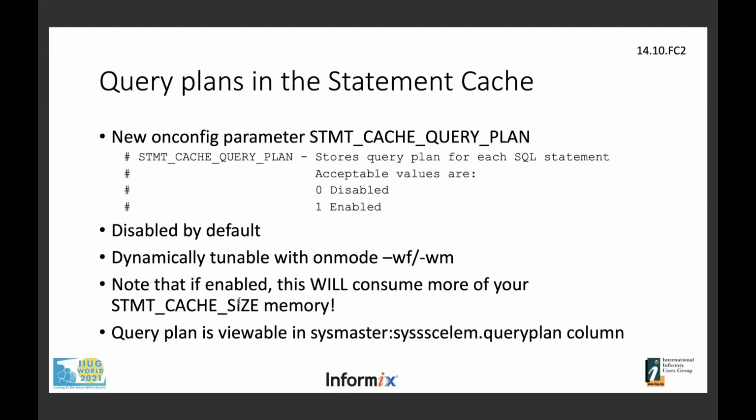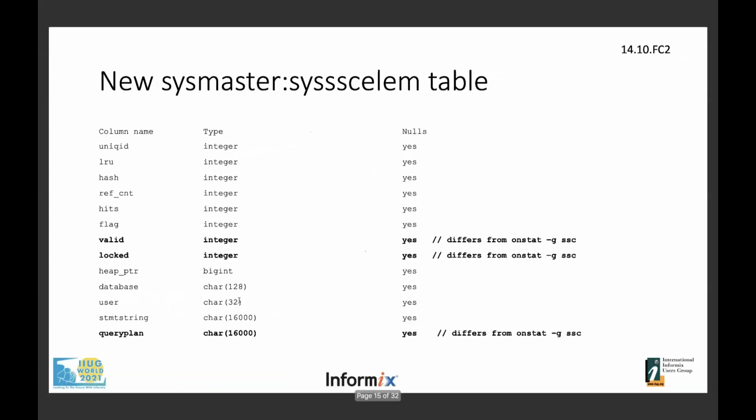And that led to a new sysmaster table that you can use called, I guess we've called it syssscelem. Not exactly a very descriptive name, but that's what it's called. It's basically the same thing that you see if you run onstat -g ssc.